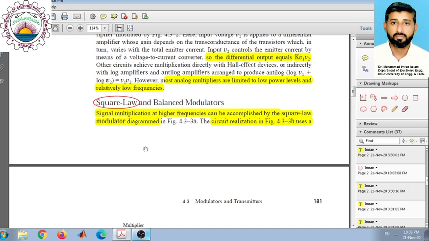As I previously said, modulators are non-linear systems, so square law is also a type of non-linear system. It can be used to get an AM signal at relatively high frequencies. So how do we achieve that AM signal at high frequency? Let me quickly discuss that.